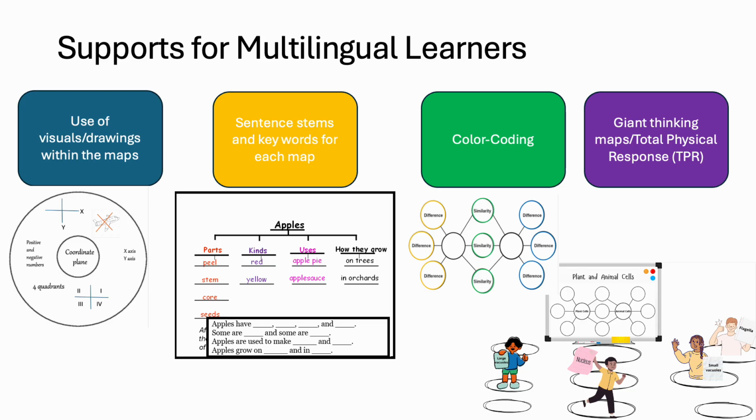Okay, and then also want you to think about how can you use these maps in your class. It doesn't necessarily have to be on a piece of paper. It could be much bigger than that, using chart paper on the floor to recreate maps where students are actually moving to different parts of the map, just like you see in this example, which is looking at types of plant cell compared and contrasted to animal cells.